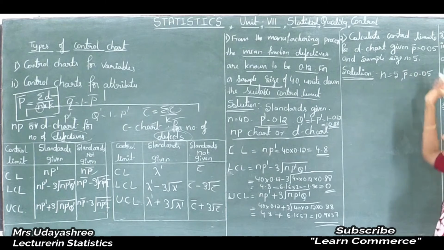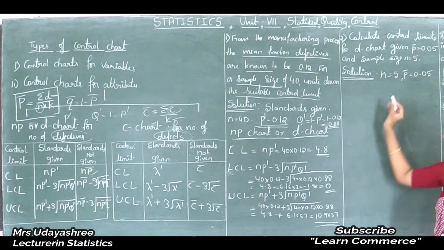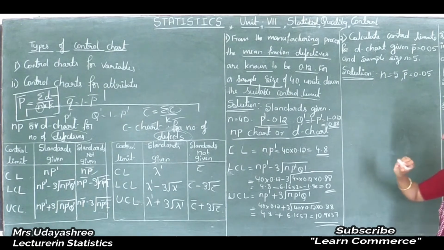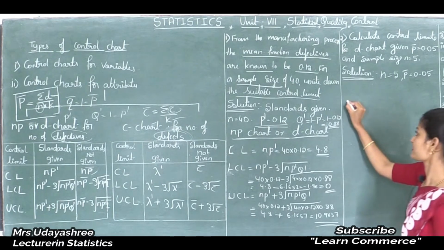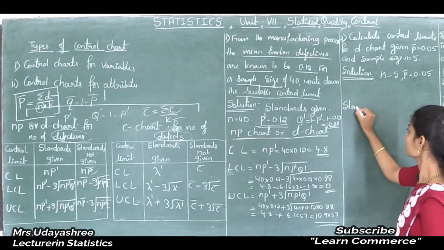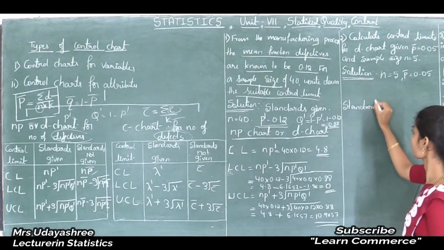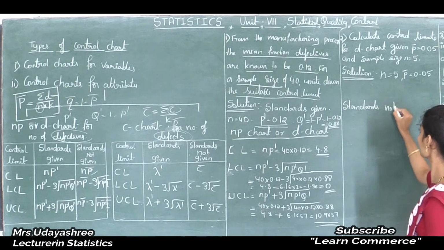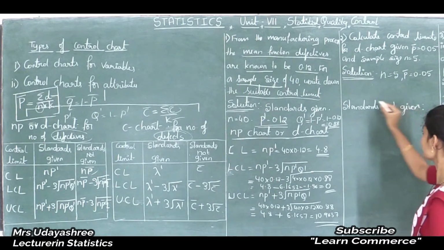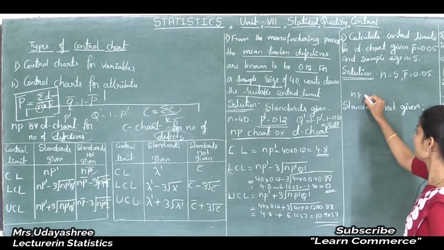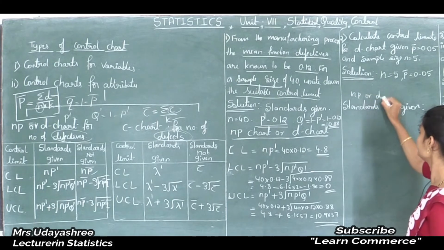See, here P bar is given, in the sense that this formula is suitable for the NP or D chart in standards not given case. Correct, no? Yes.